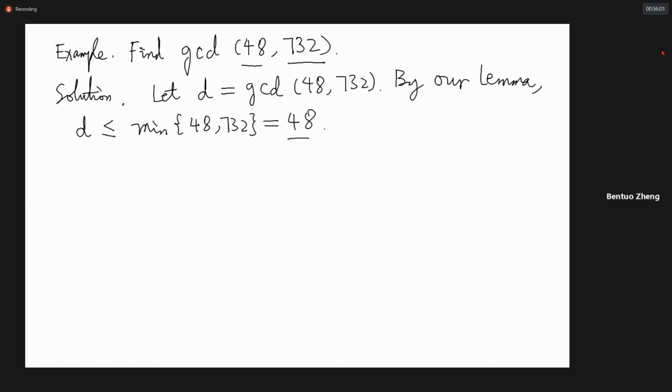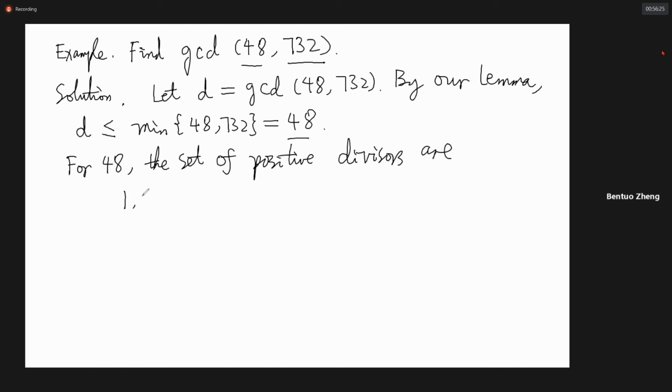So let's look at the other divisors. For 48, the set of positive divisors are, of course, 1, 2, 3, 4, 6, 8, 12, 16, 24, 48. Just now we've seen that 48 is not a divisor of 732.